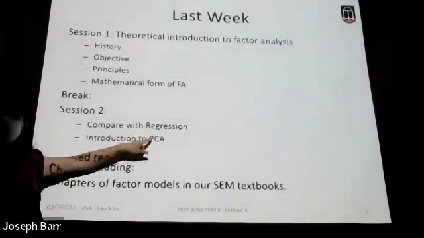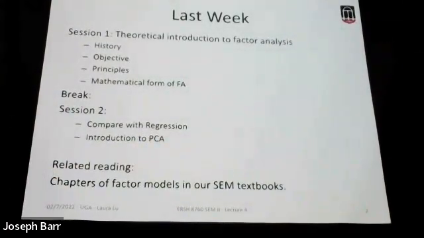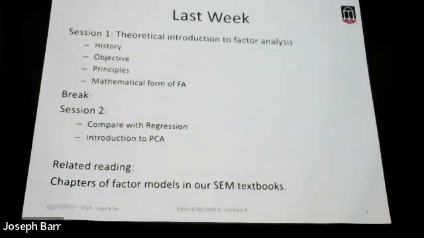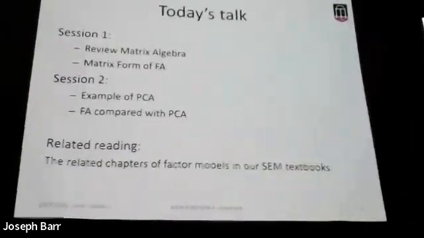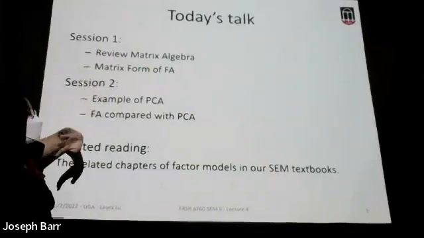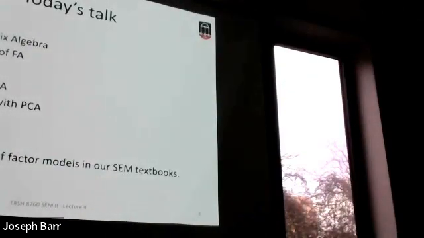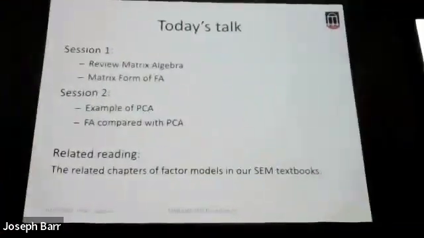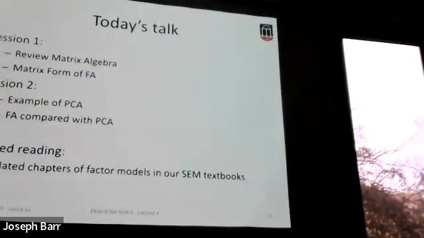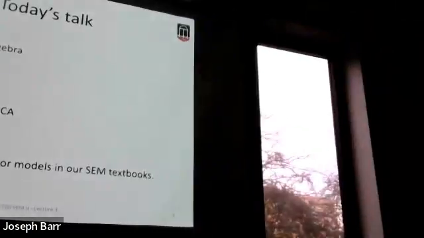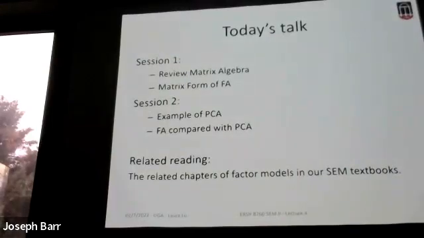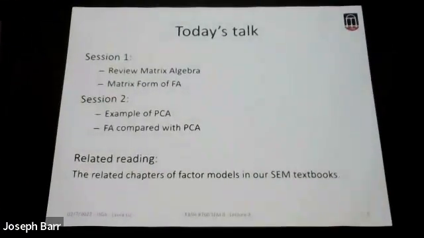And today we will have an example to show how to get the components, to see the difference between factor analysis and PCA. First we're going to look at the matrix algebra. In the beginning of SEM1, last semester, we reviewed the matrix algebra, but we didn't talk about eigen decomposition, eigenvalues, and eigenvectors.